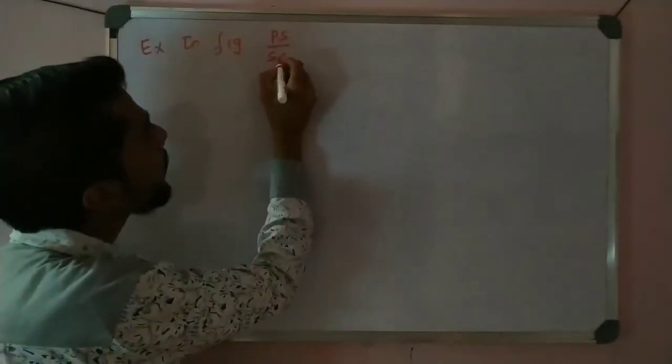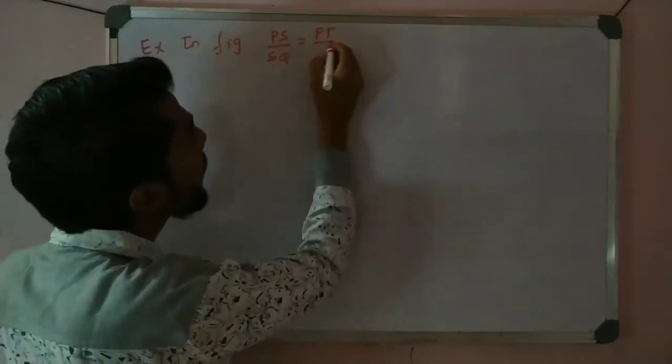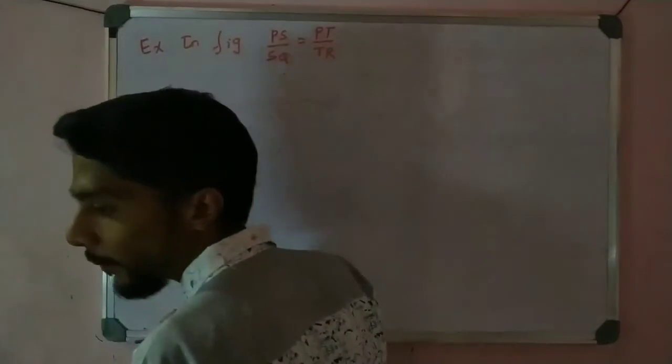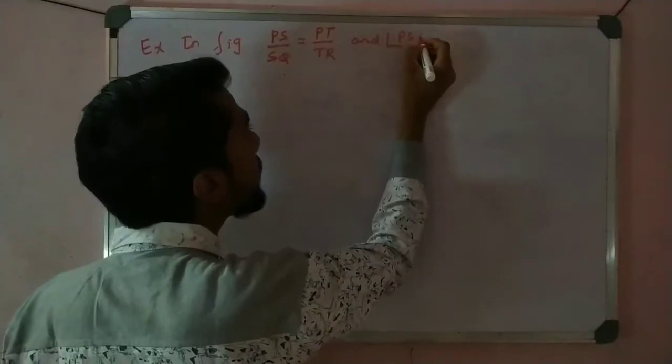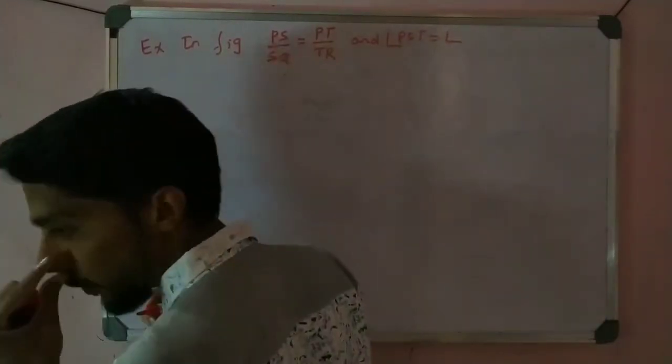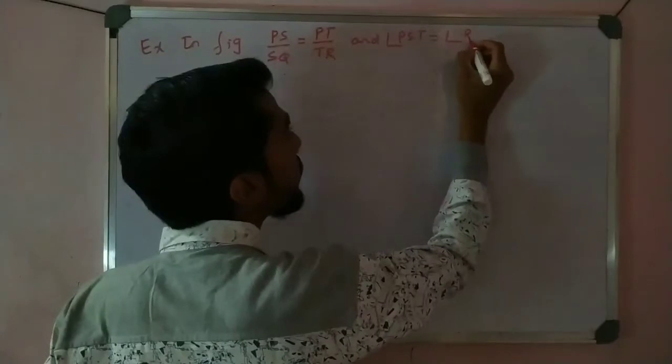Example number 2. In the figure, it is given that PS by SQ is equal to PT by TR, and angle PST is equal to angle PRQ.